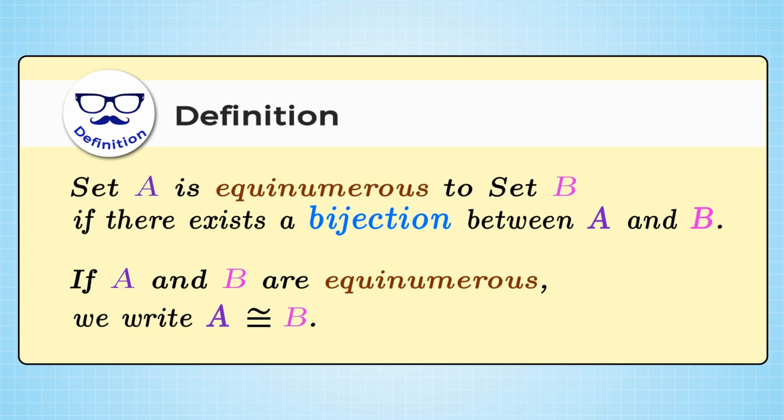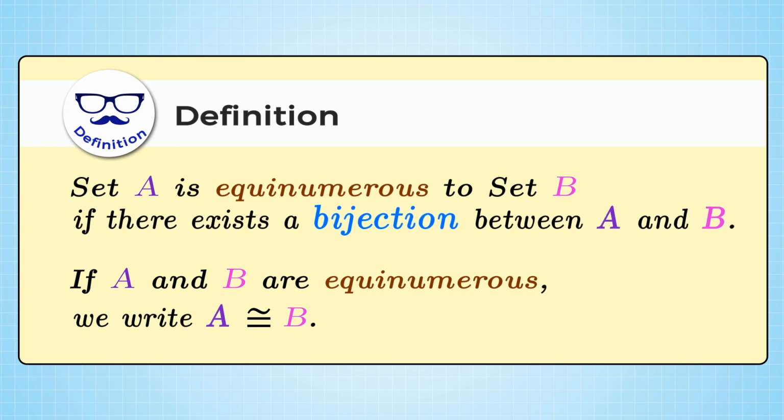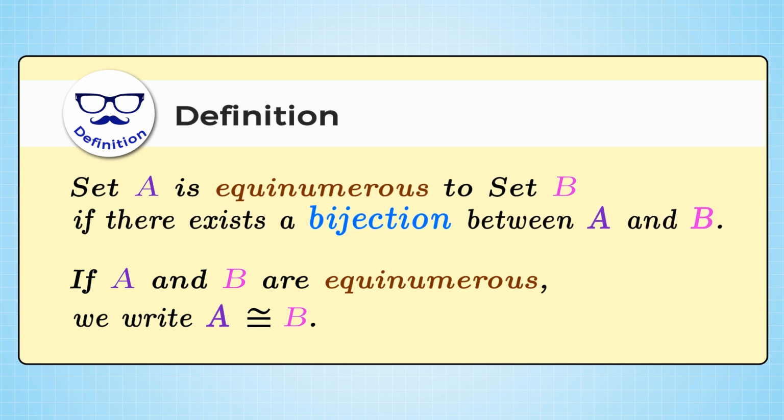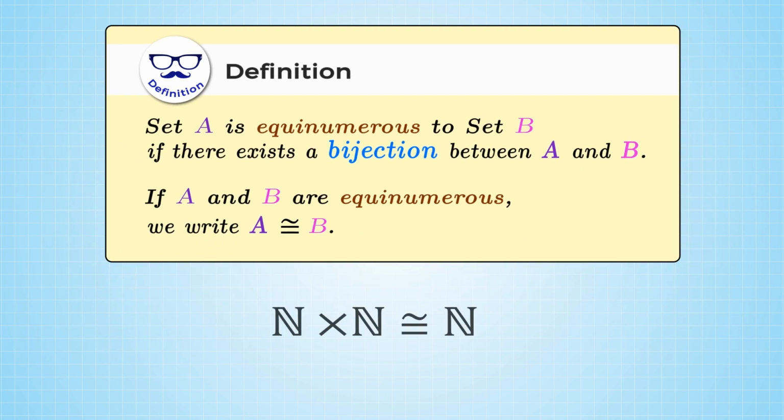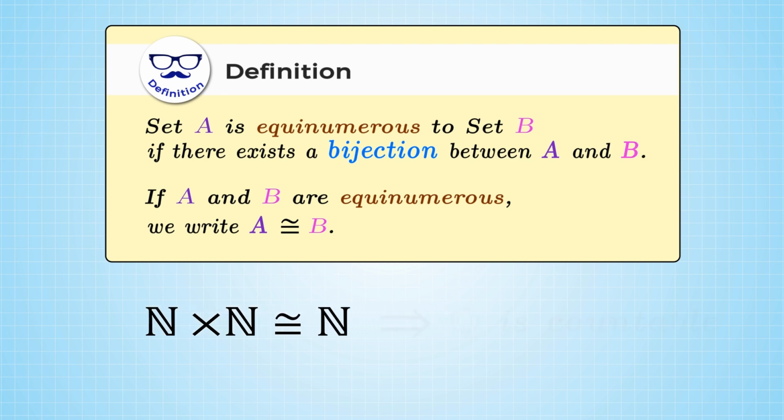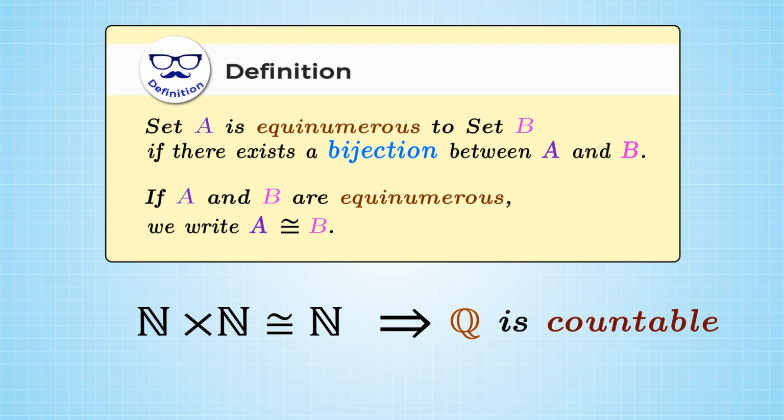We say that A is equanumerous, or has the same size, to a set B if we can produce a bijection between A and B. If A and B are equanumerous, we write A ~ B. So, for example, we can show that N cross N is equanumerous to N. Note that if you study set theory, proving that these two sets have the same size is essentially proving the rationals are countable.